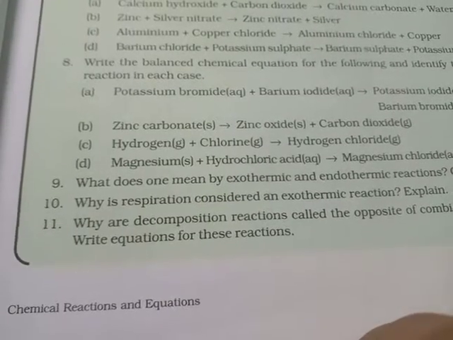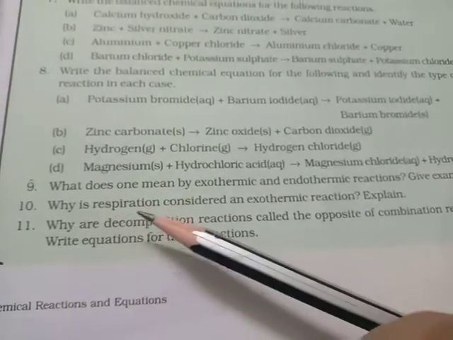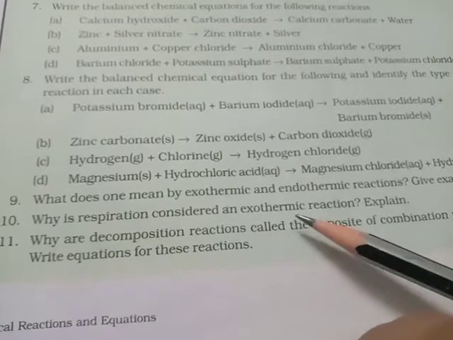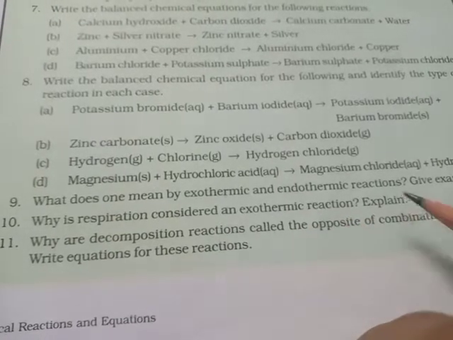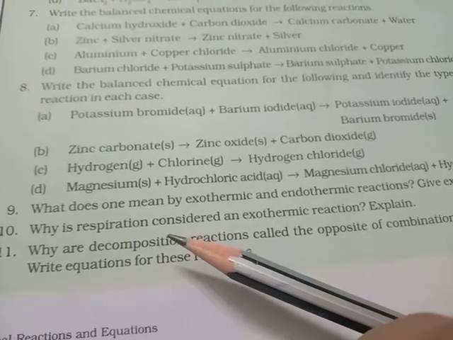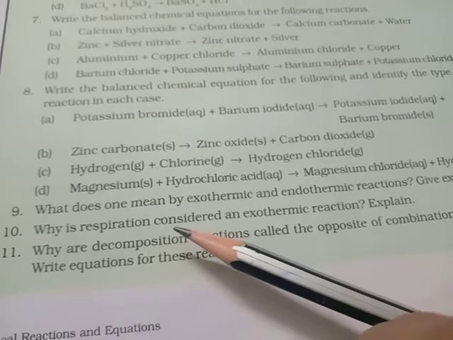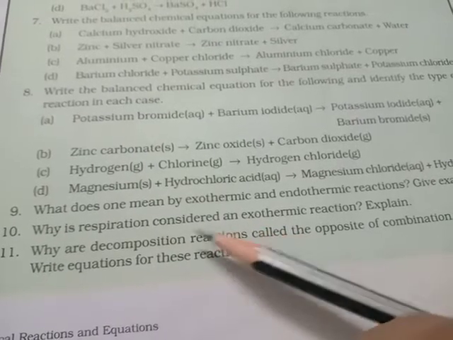Let us look at the next question, question number 10. Question number 10 is: why is respiration considered an exothermic reaction? Explain. We all know that respiration is a process during which glucose is oxidized in our cells to release energy. So it is an exothermic reaction.